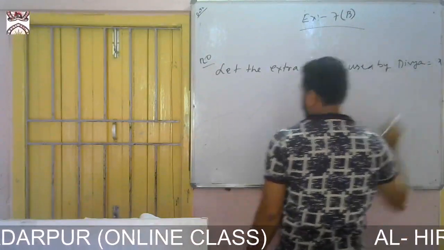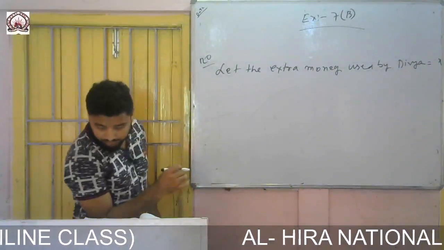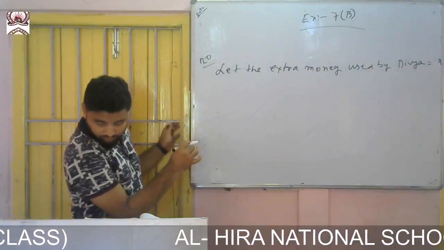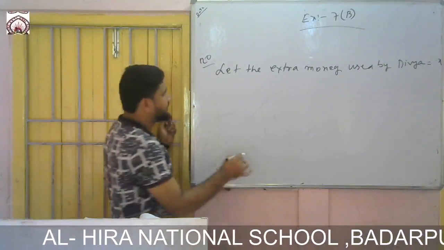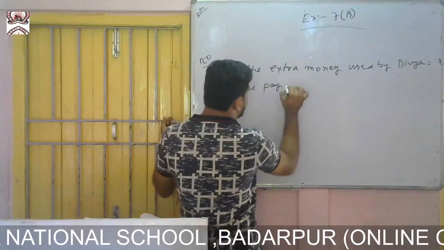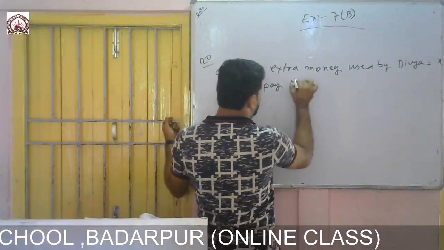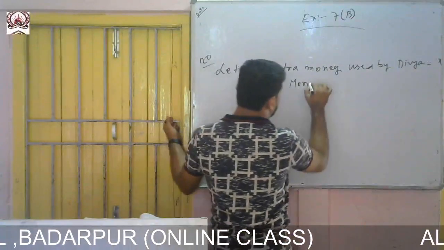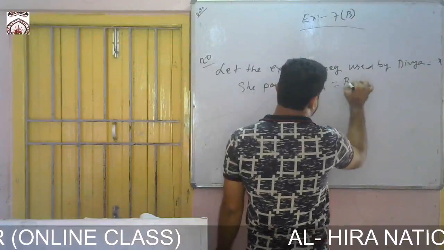Okay, or x, you can write directly. And she pays monthly rupees 145.